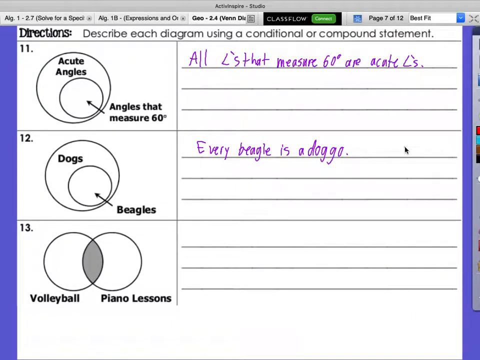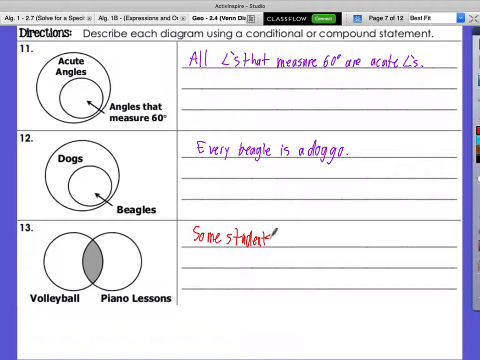So here we're talking about students that play volleyball. Here we're talking about students that take piano lessons. And we have a part of it shaded. What is the similarity? We're saying that some students do volleyball and play the piano. So some students, that's what our shading's talking about.